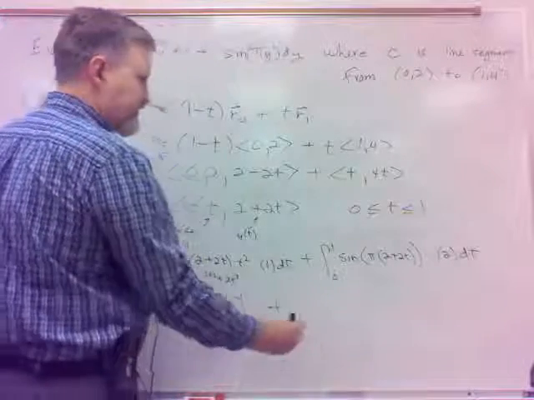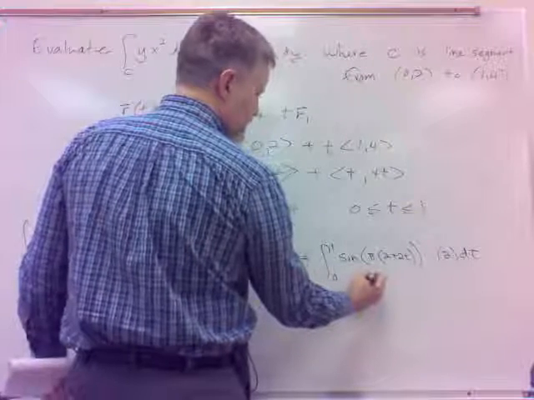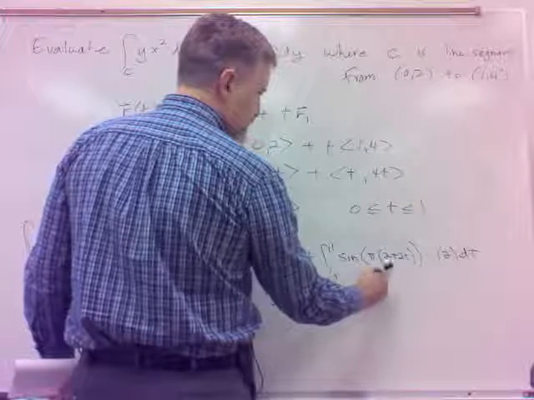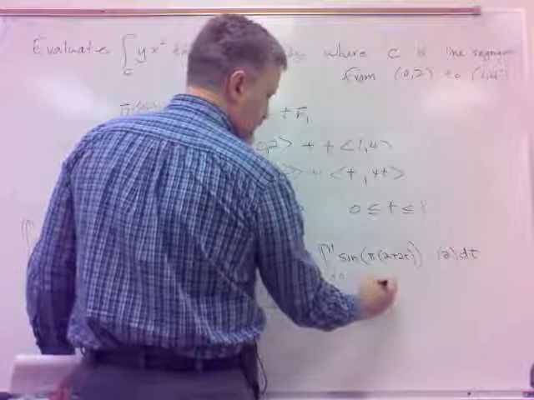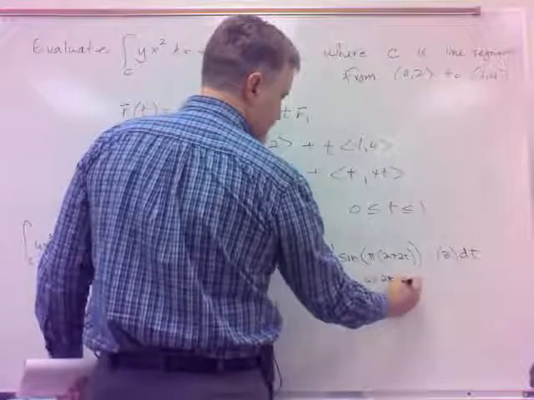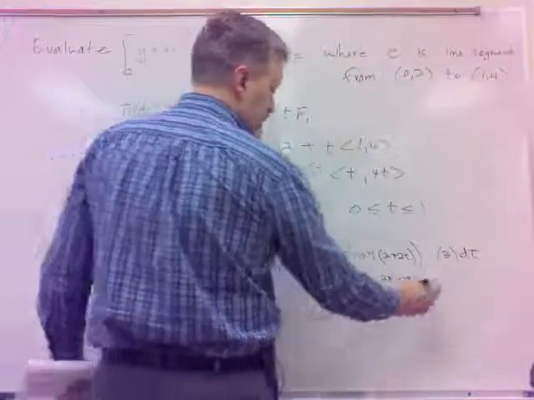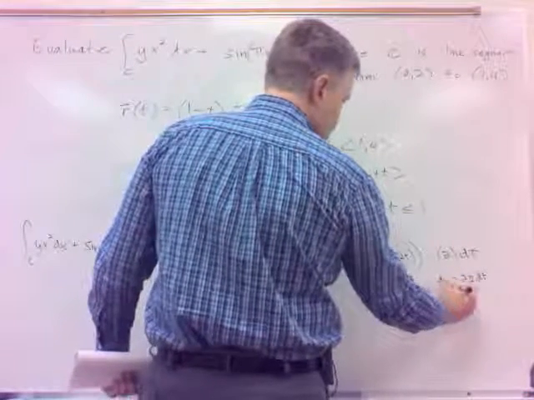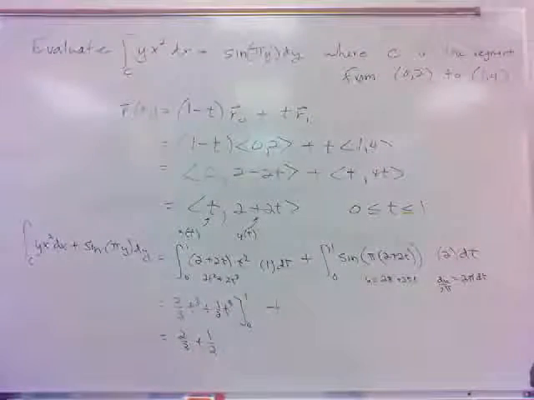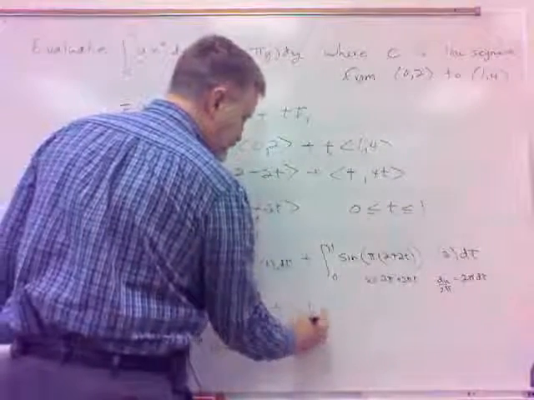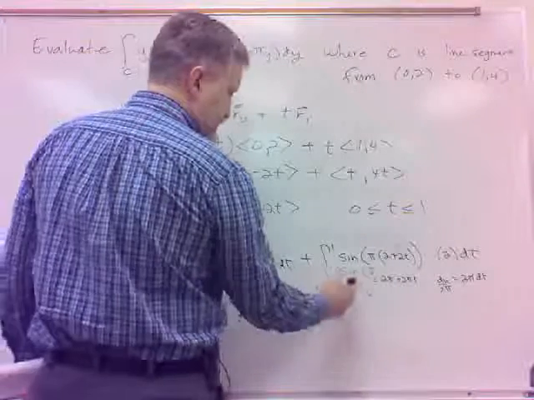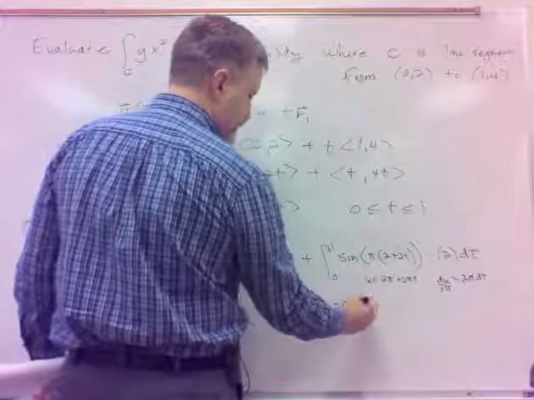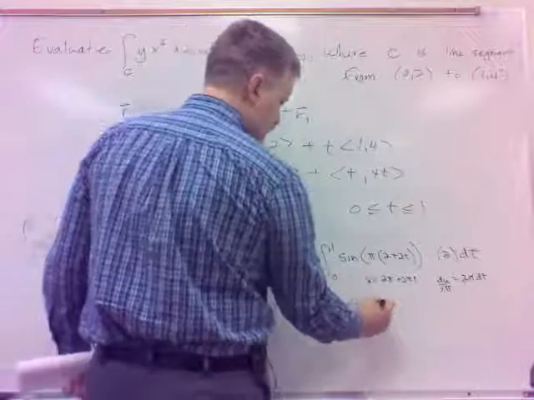And then plus just a little u substitution here. You can just say u is 2 pi plus 2 pi t. And so du would be 2 pi dt, so we're just going to have 1 over 2 pi times the antiderivative, which would be negative cosine of u, which is 2 pi plus 2 pi t.